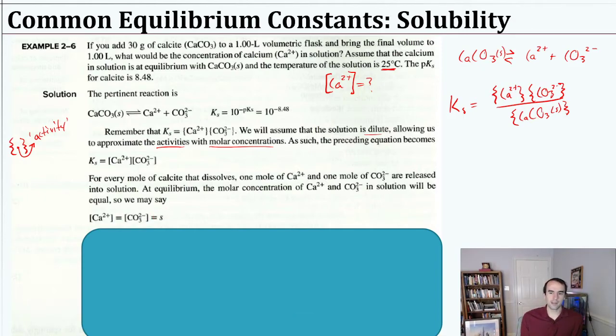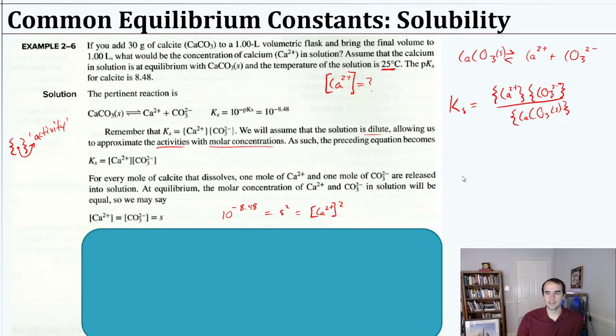So then the next step would be to solve, okay, well, what is the amount here? So it will be something like, well, we know 10 to the minus 8.48 is equal to S squared, or that's the same thing as equal to Ca2+ squared, right? It's just a different way of articulating it there.